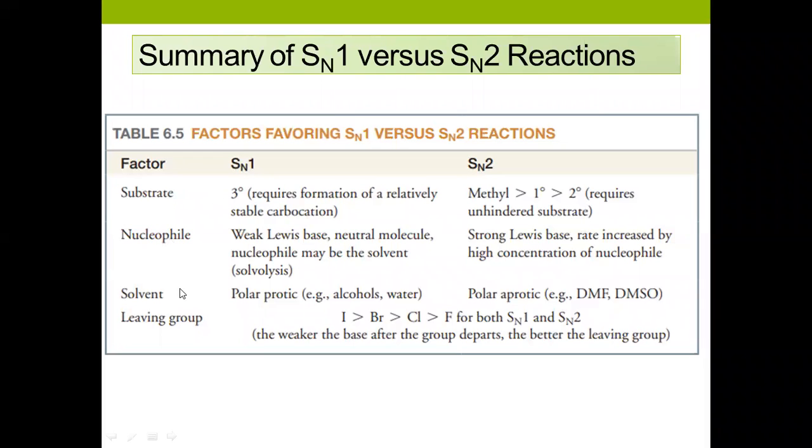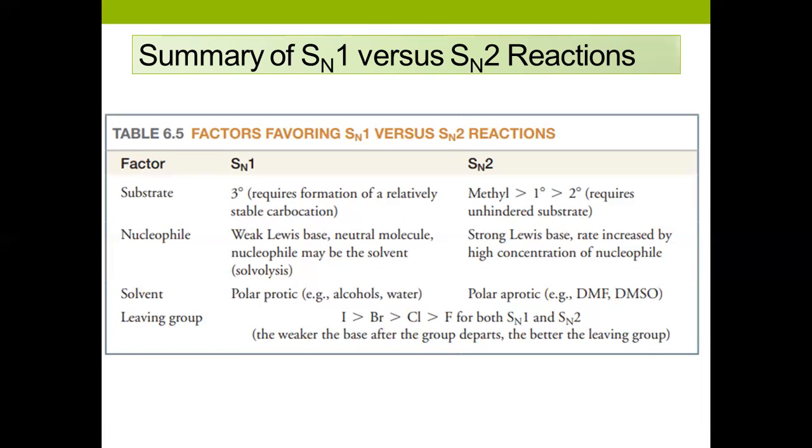For the solvent, SN1 favors polar protic solvents, and the reason is that they will form a hydrogen bond with the leaving group.